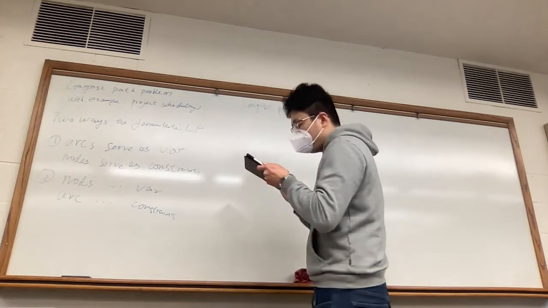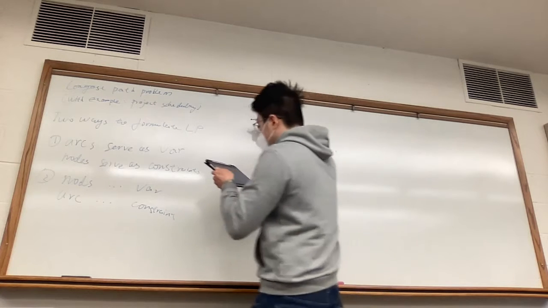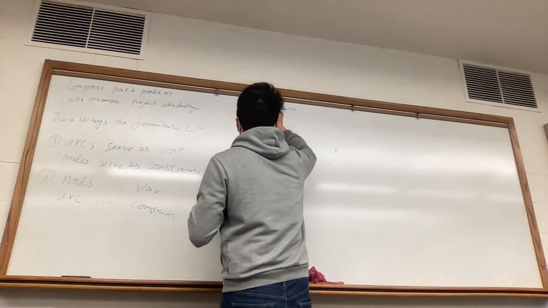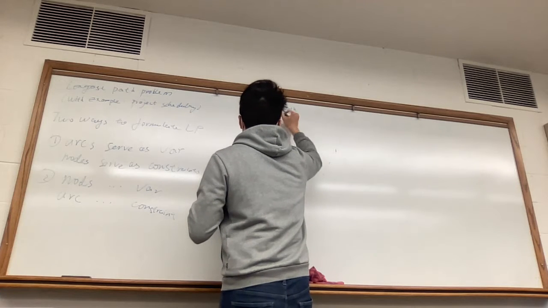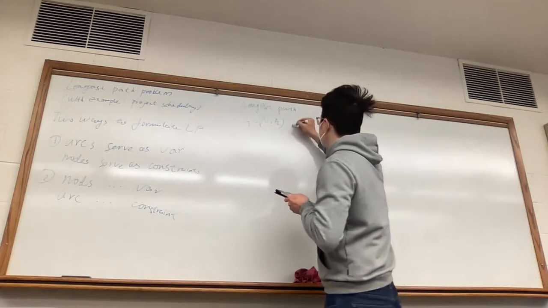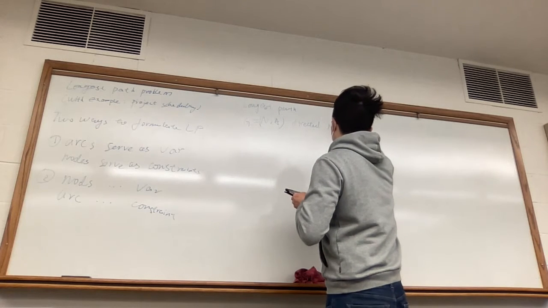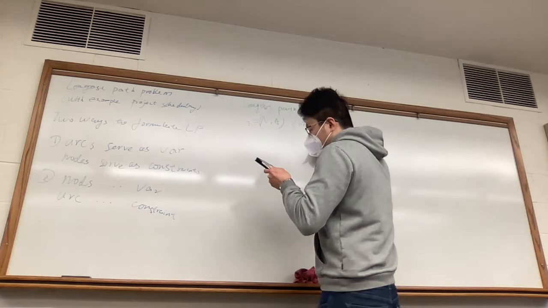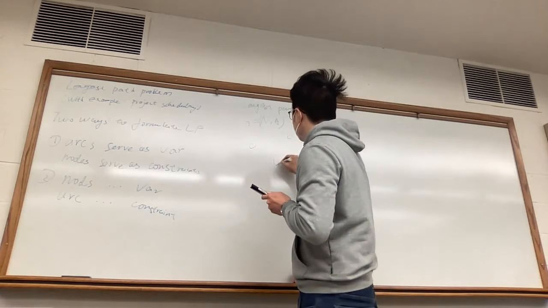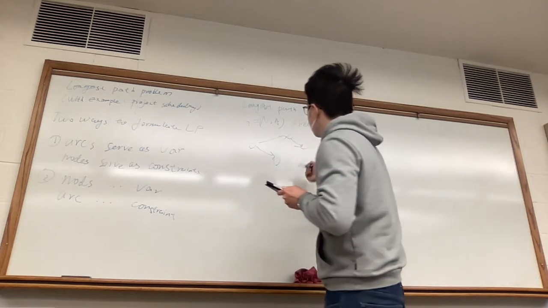So the longest path problem, let me see. It is like this. I give you a directed network G, which has node set N and arc set A. It is a directed network, for example something like this.